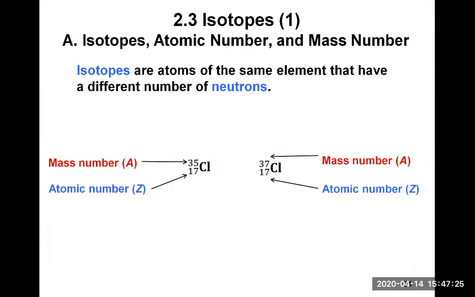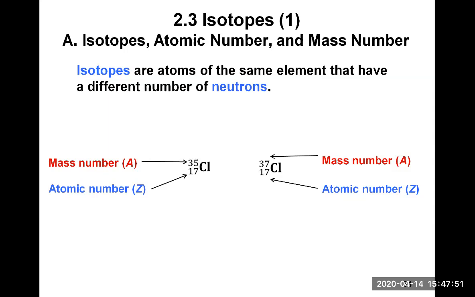So what are isotopes? Isotope, the word, is made of the prefix iso, and iso in Greek means same, and tope comes from topos, which in Greek means place, same place. So isotopes occupy the same place in the periodic table.